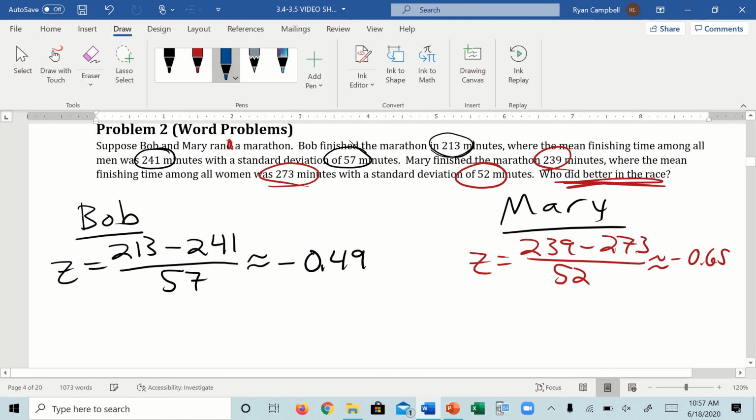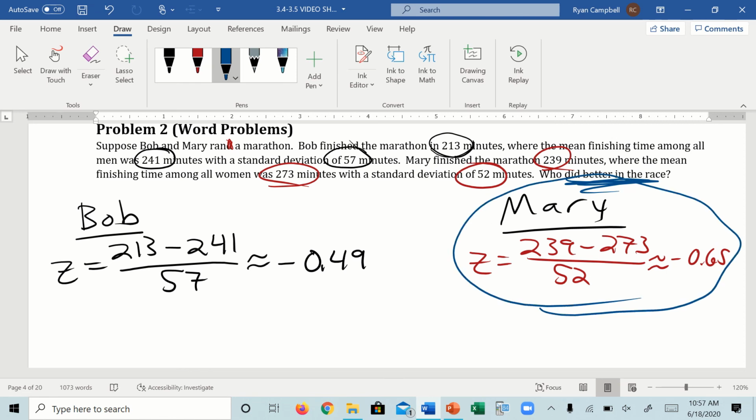Who did better in the race? I can tell you right now, the answer is Mary. Now, you may be thinking, well, wait a minute, Bob has the higher number, right? Bob's number is less negative. So shouldn't Bob be the one that did better in the race?